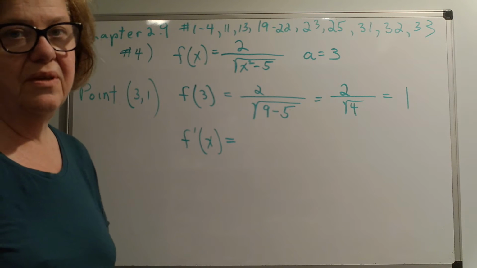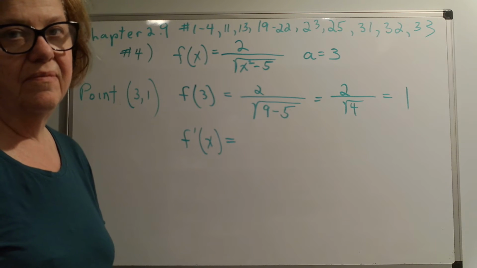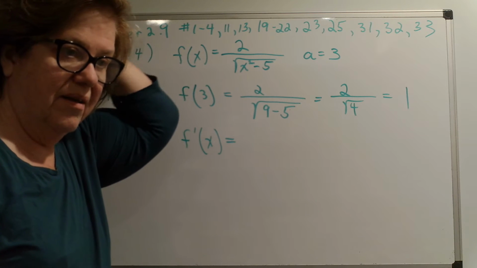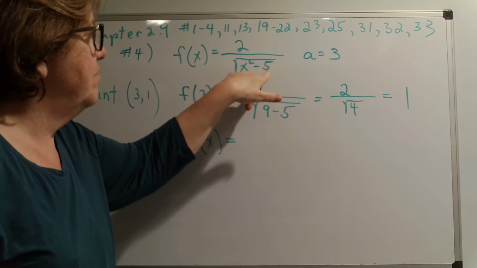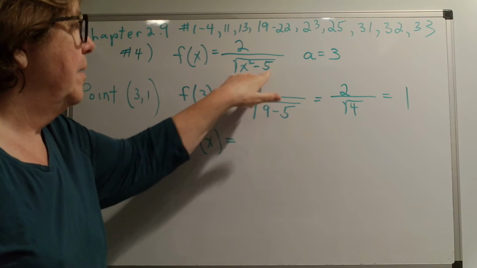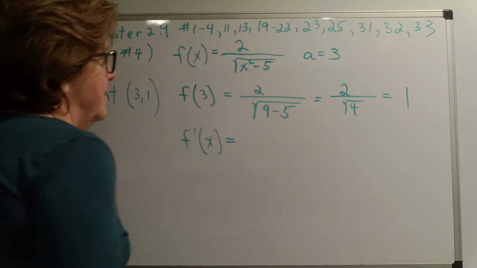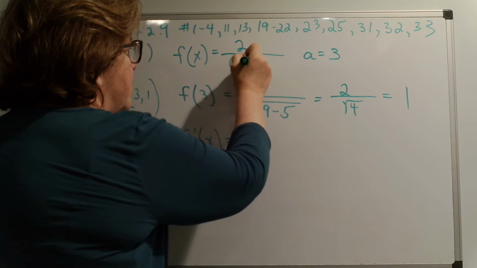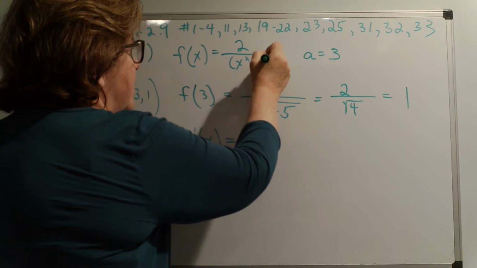Well, we can either use the quotient rule, or we can actually write this as x squared minus 5 to the negative 1/2. But let's just leave this down here and write this as x squared minus 5 to the 1/2.